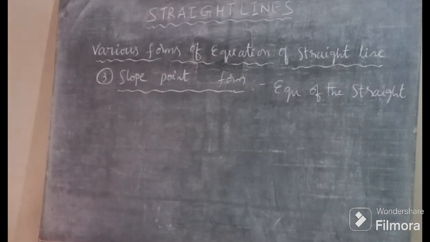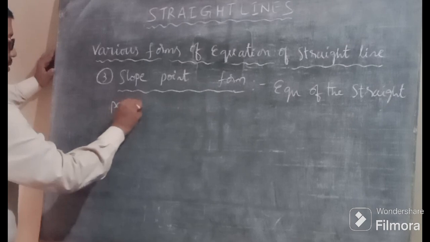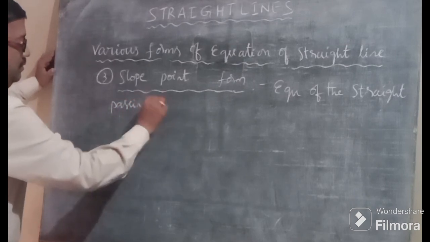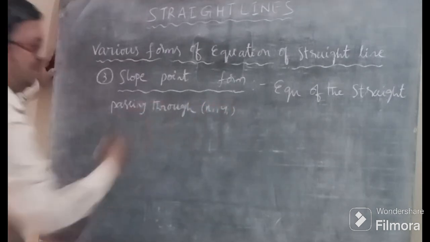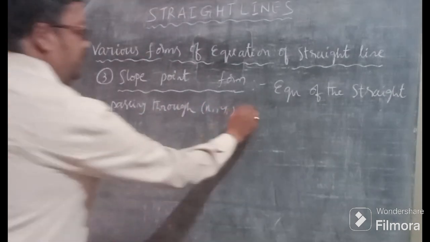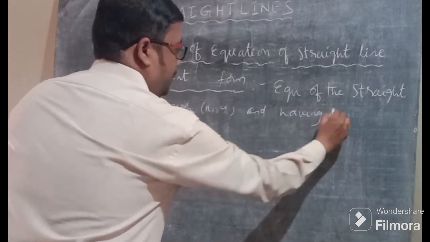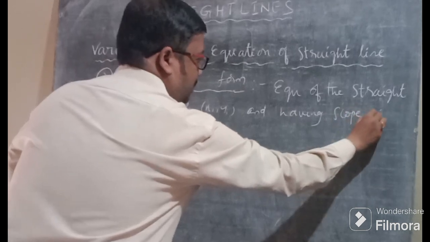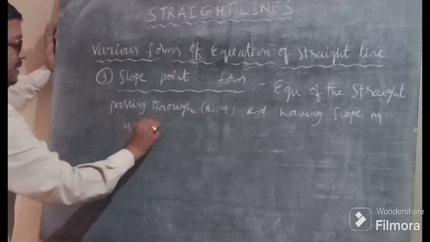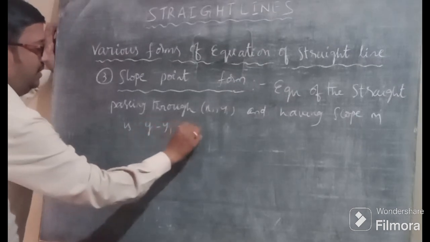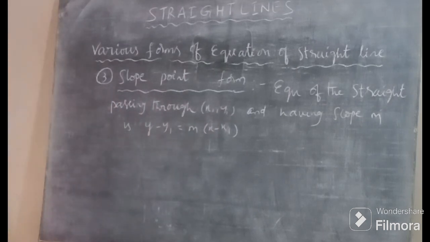The equation of the straight line passing through (x1, y1) and having slope m is y minus y1 equals m into x minus x1.